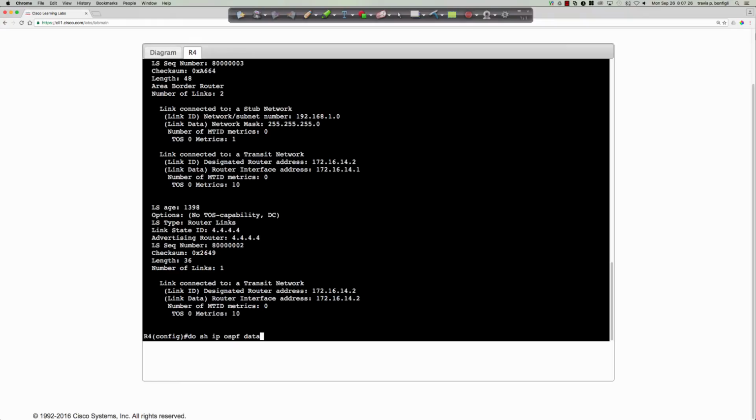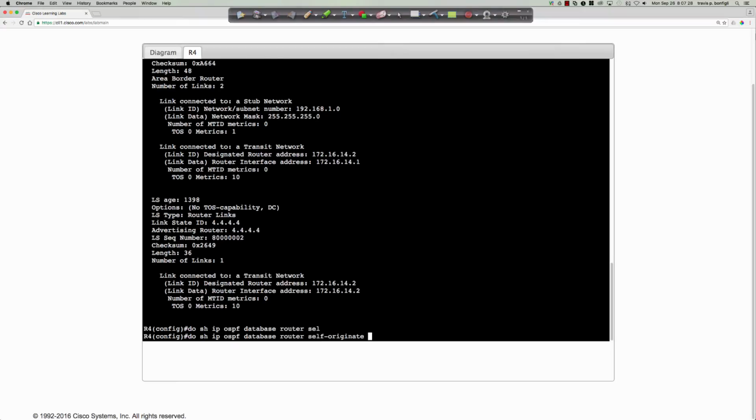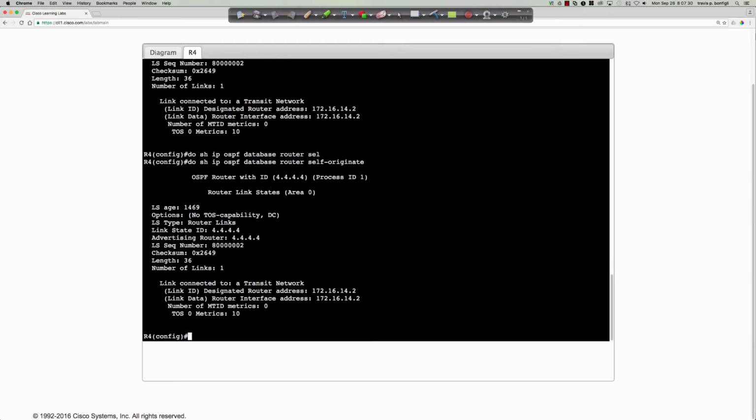If I specifically wanted to see, whoops, sorry, the self-originate, so here is the type 1 LSA that router 4 is generating. Now you'll notice, does it say area border router here? It does not, because again, router 4 is not an area border router. And so this is the type 1 LSA that's being generated by router 4.